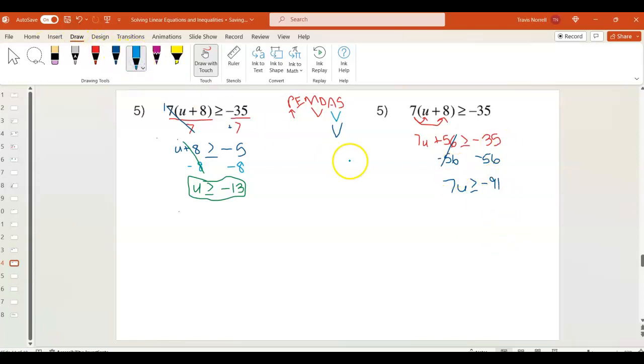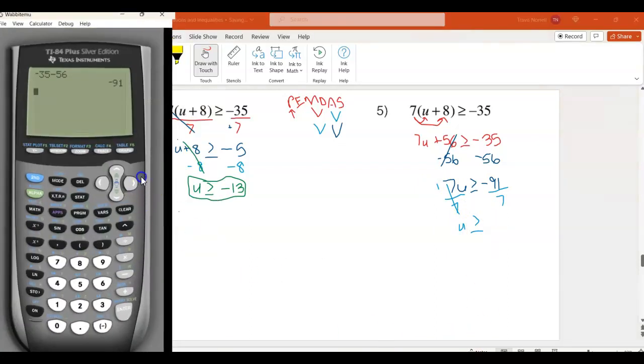And then we deal with what's being multiplied by 7 by dividing by 7. Seven will go into 7 one time, leaving me u is greater than or equal to negative 91 divided by 7, negative 13.